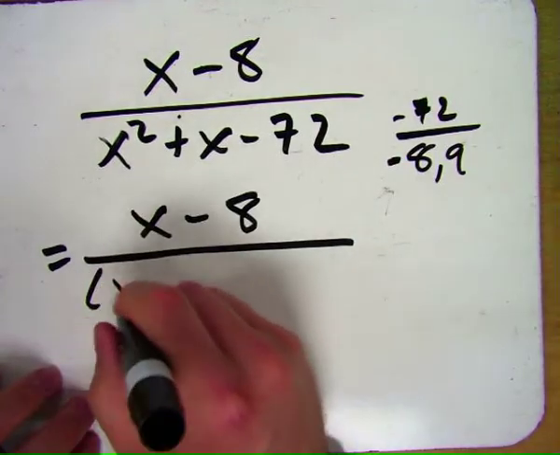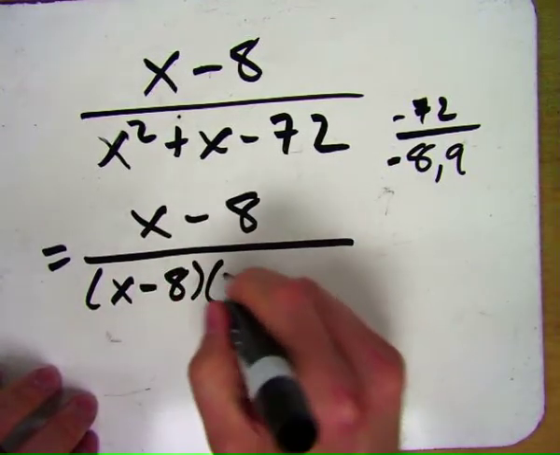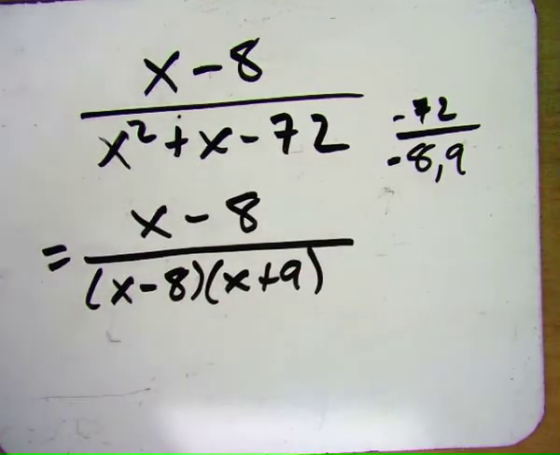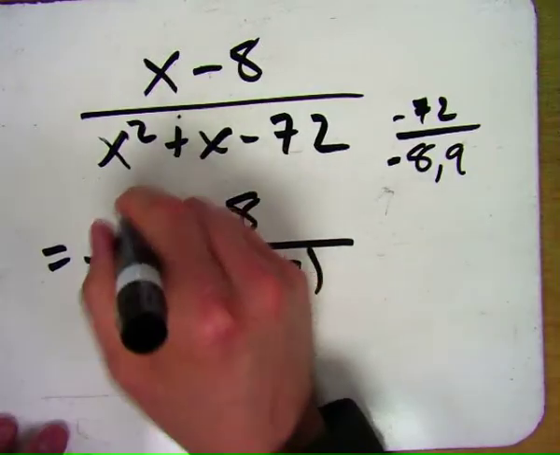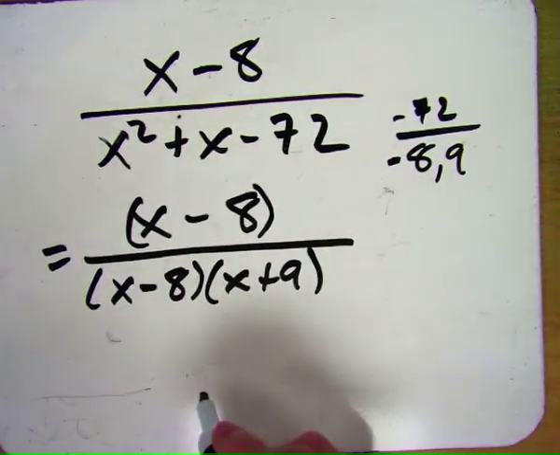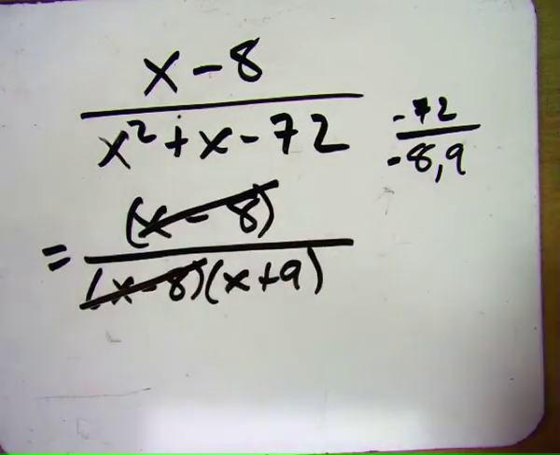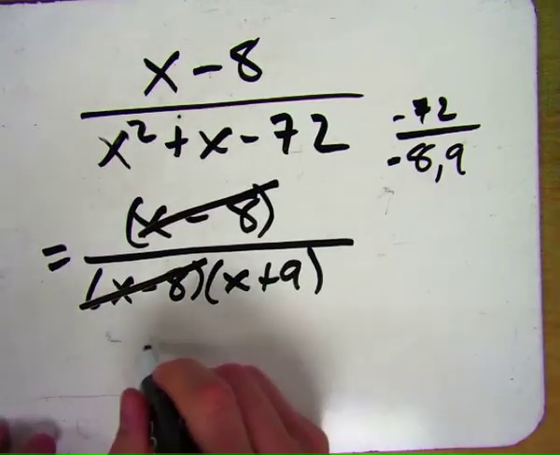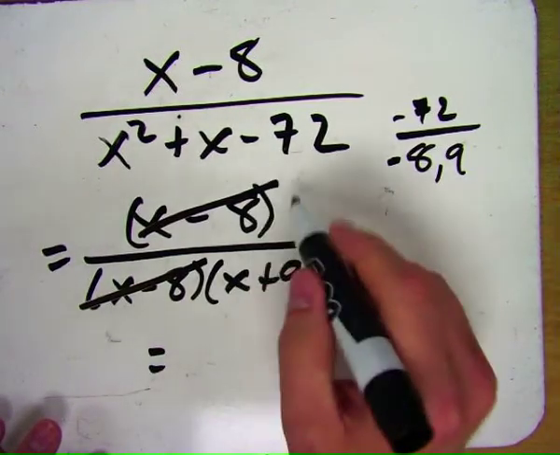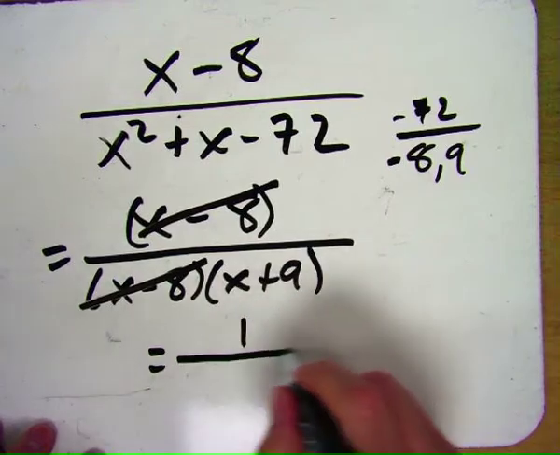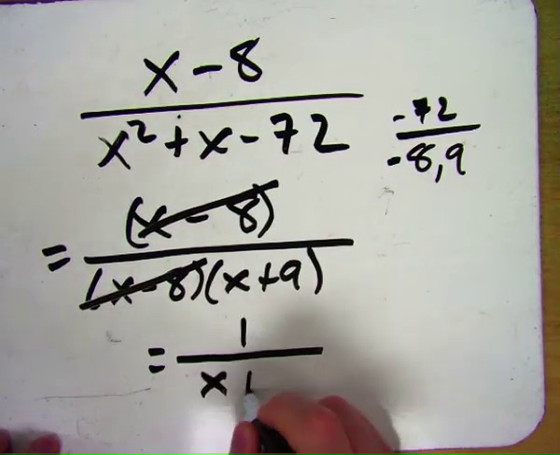So that means downstairs I have x minus 8, x plus 9. So when you factor this, you notice that is the same as that downstairs. Those cancel out. Nothing's upstairs, so I would just say that there's 1 up there. And downstairs I have x plus 9.